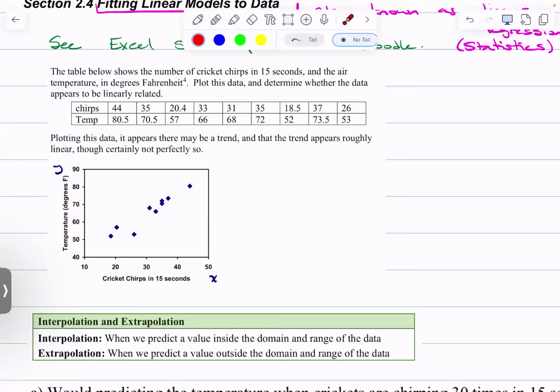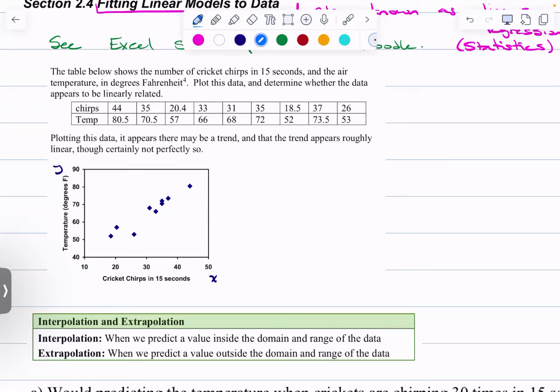Does the temperature depend on the cricket chirps? Not really, right? It should be the other way around. And so I would say, well, the cricket chirps probably depends on the temperature, right? So I would have switched these x and y's, but for consistency, we're just going to keep it as is. I don't know why he did this, but I didn't catch it in time. And then now I'm just reusing it, I guess.